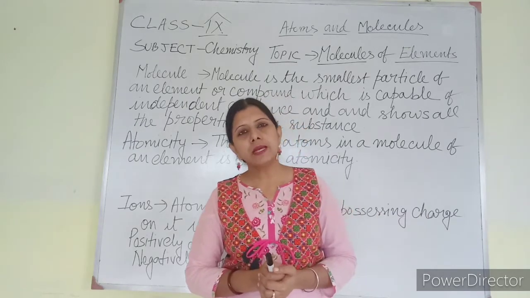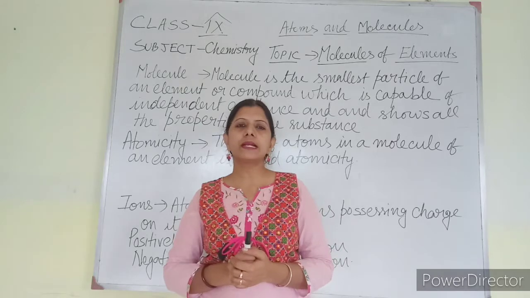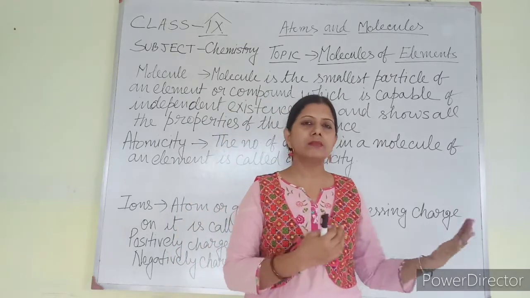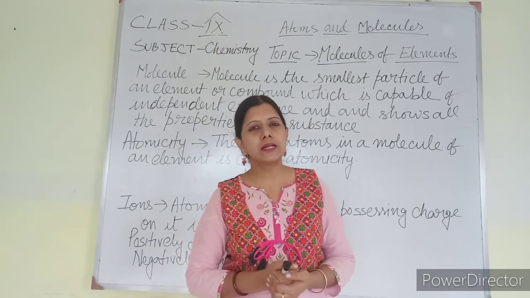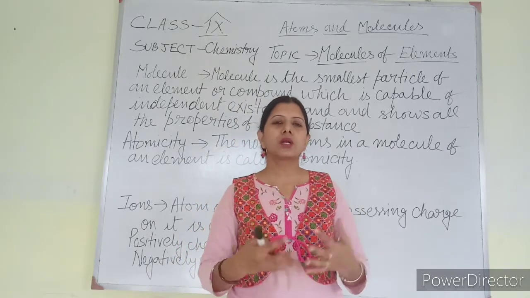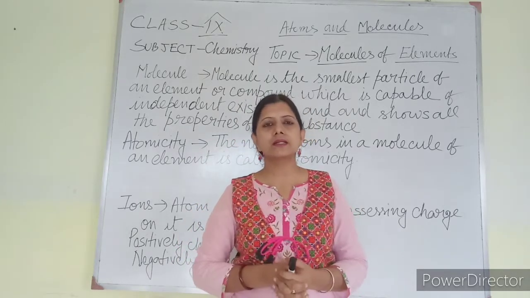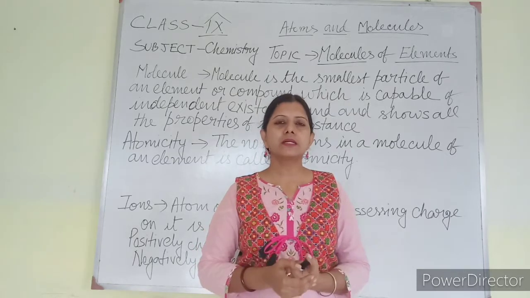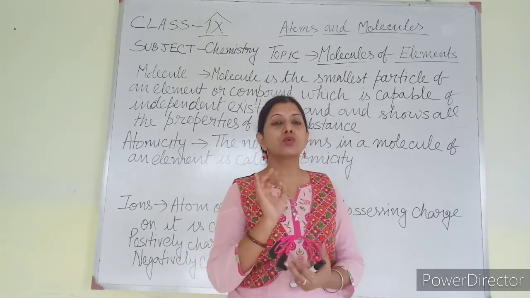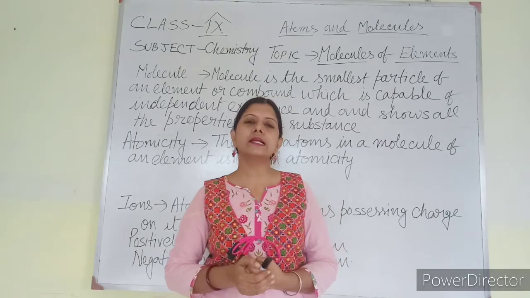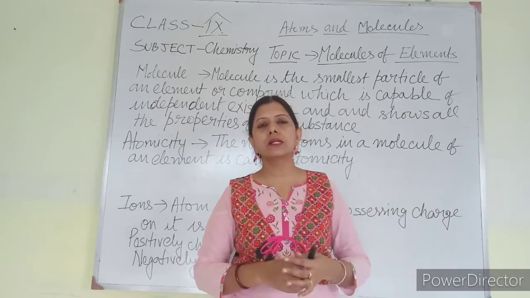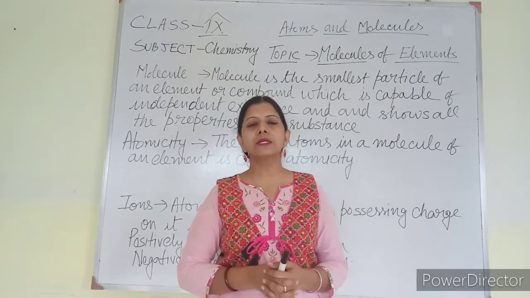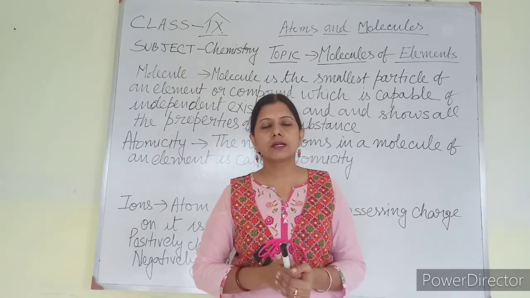Similarly, the smallest particle of an element can be an atom, or it can be a molecule. Some atoms can exist independently, so the smallest particle of that element is an atom, but there are some elements whose atoms cannot exist independently. Atoms of those elements combine together to form a molecule. Example: oxygen, hydrogen, chlorine.